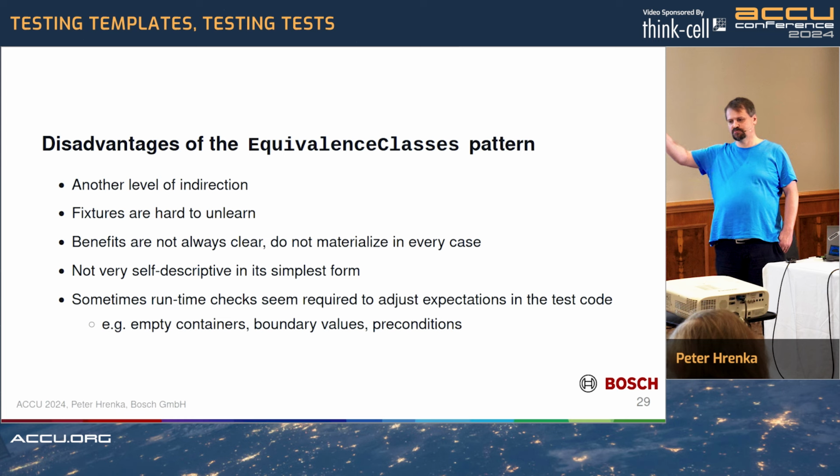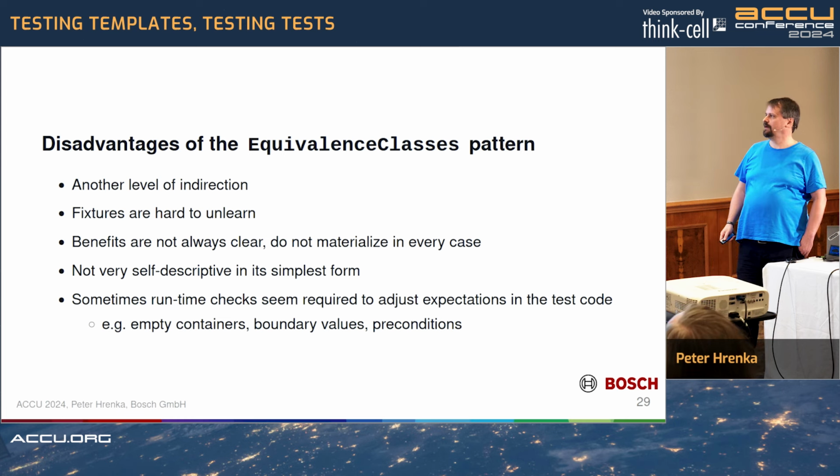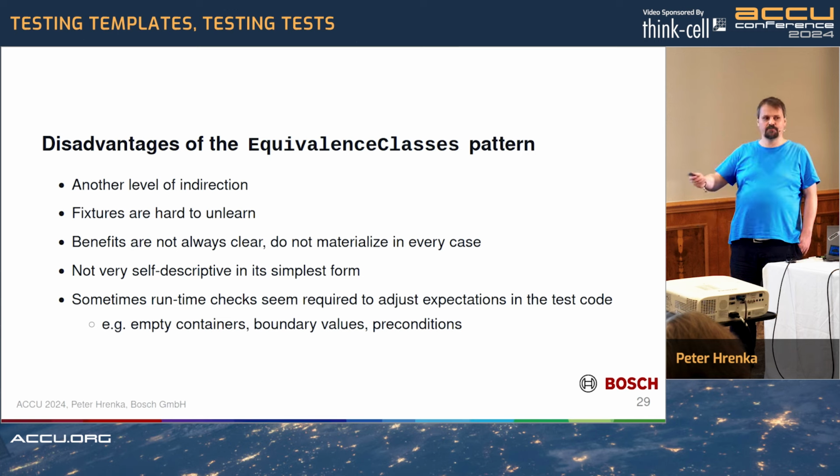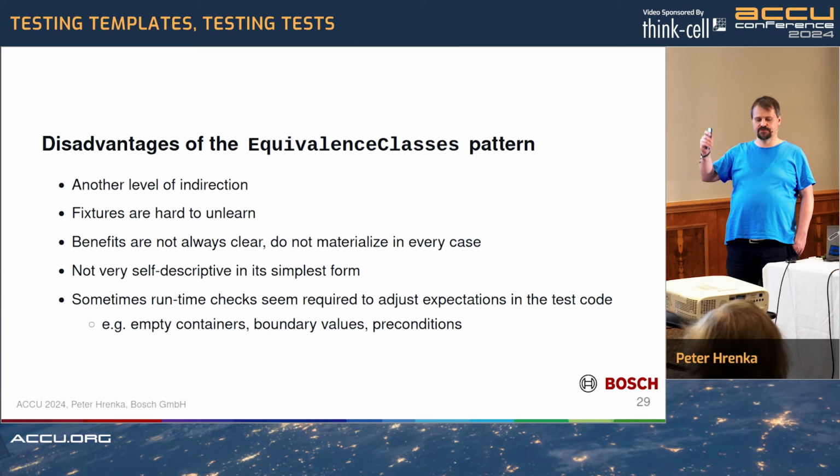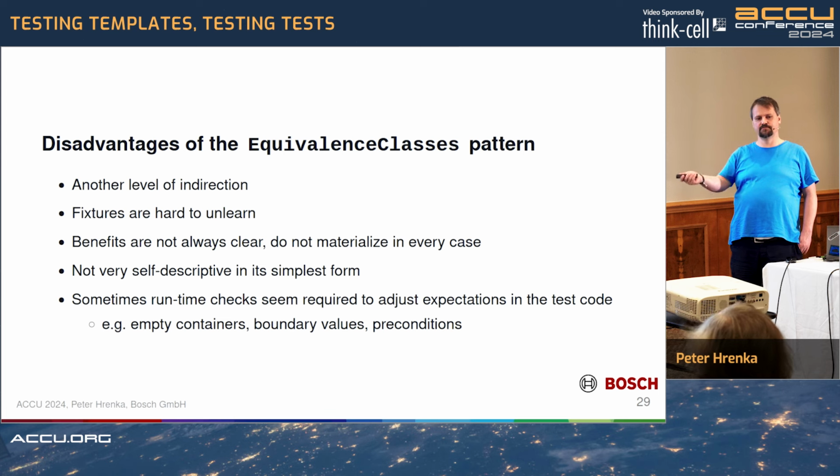They say it should all be in one go, with no special handling in tests. I'm rather pragmatic. For me, that's okay, and there are some ways around that. If you put a template parameter on the constructor of the equivalence classes, you can select whether you want empty containers or not.